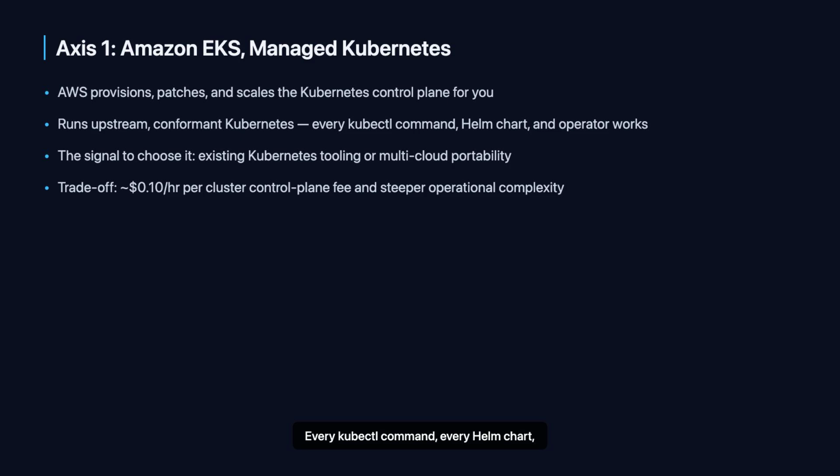Every kubectl command, every Helm chart, every operator your team already uses works without modification. The signal to reach for EKS is simple. An existing Kubernetes investment, or a need for portability across clouds. The trade-off is a control plane fee of about 10 cents per hour per cluster, and genuinely steeper operational complexity.